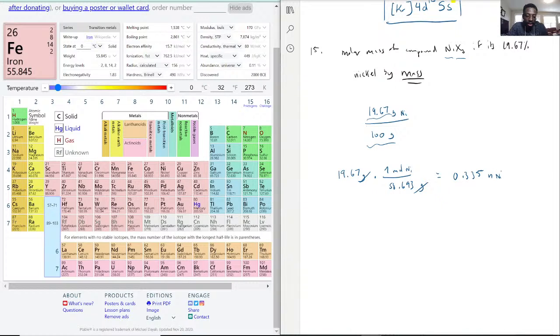So that's 0.335 moles of Ni, and for every 1 mole of nickel, there's 3 moles of X. So we multiply that by 3, and we get 1.01 moles of X, keeping the same significant digits.